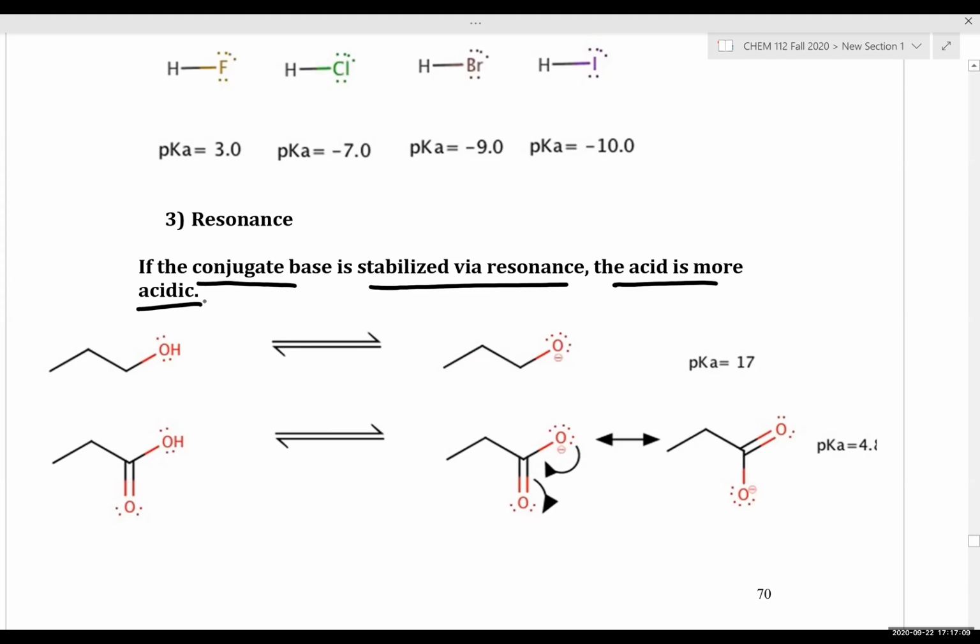We can see this if we compare a normal alcohol to a carboxylic acid, where a carboxylic acid is stabilized via resonance and also atom effects for that matter, and that results in a pKa value that is orders of magnitude smaller, so we're orders of magnitude more acidic for our carboxylic acid. Does this look familiar to everyone? Any questions on this overview?